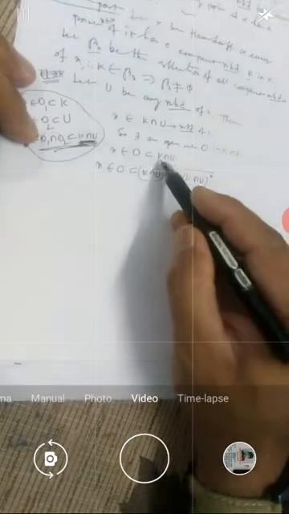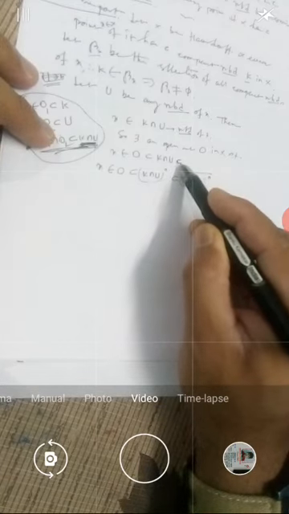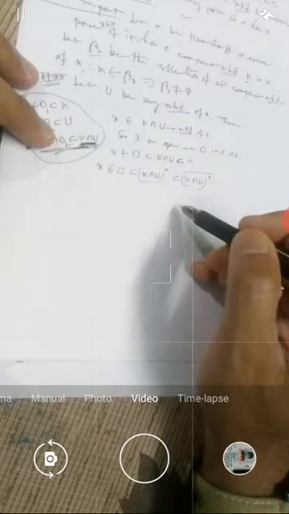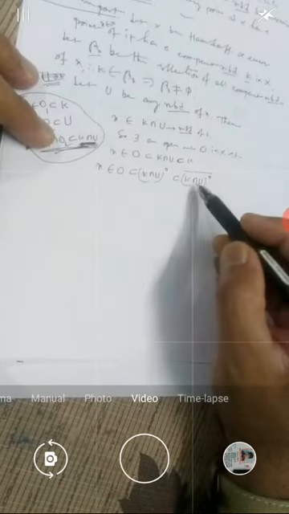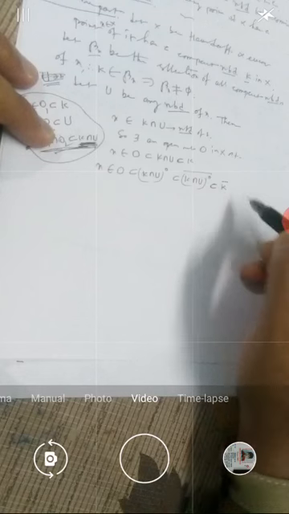Now this K intersection U is a subset of K, of course.